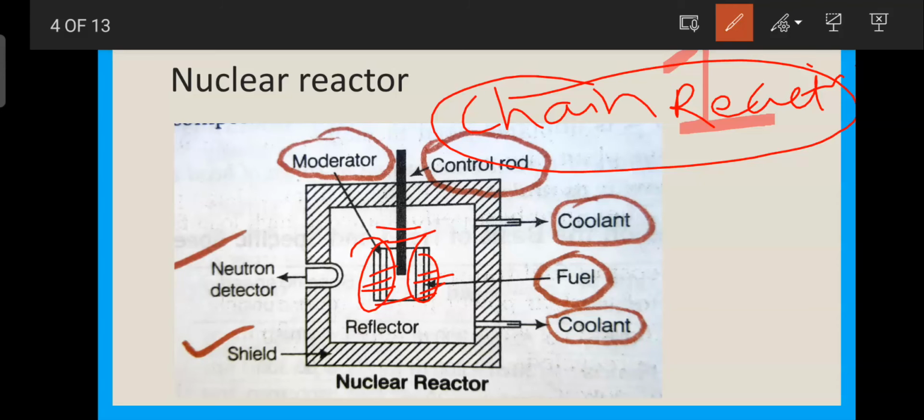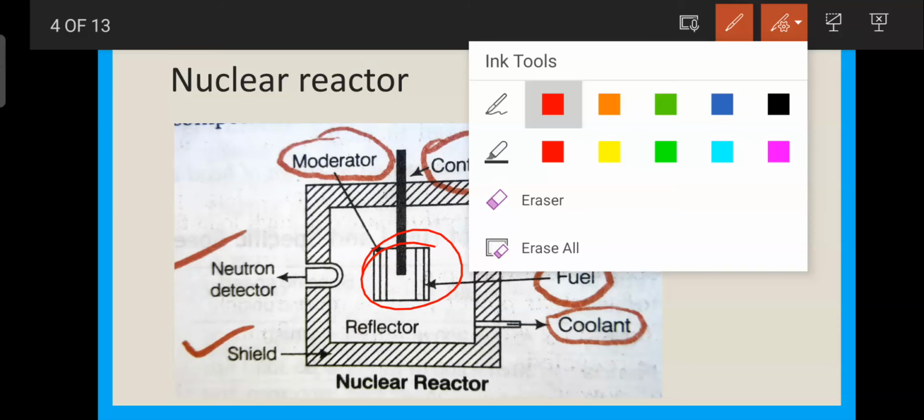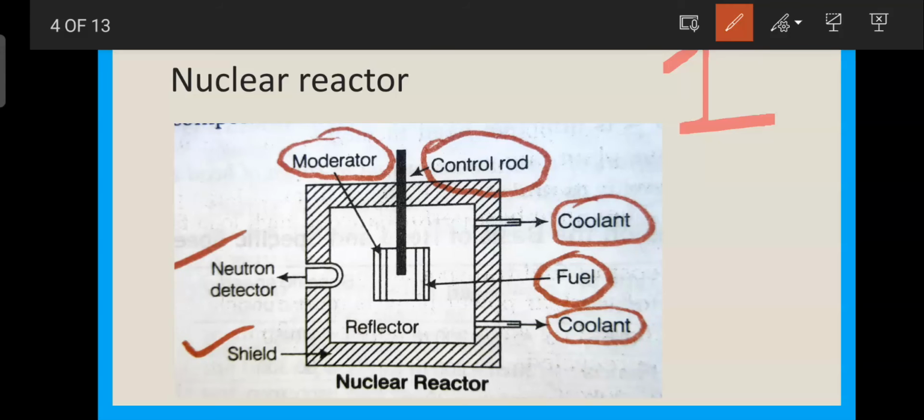Okay, and the nuclear reactor is a cylindrical shape. It is a cylindrical shape, but in 2 dimensions it is shown in a rectangular manner. Don't be confused with that. In the pressure vessel, the fuel rods are made up of nuclear fuel like uranium and thorium, and there is a moderator.